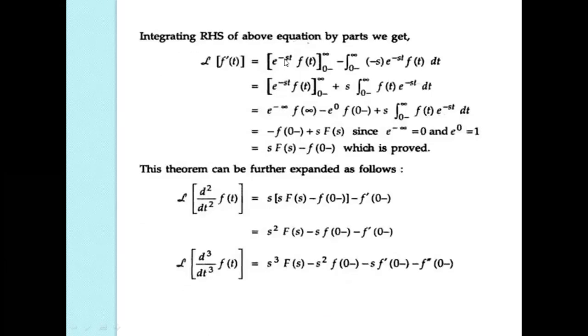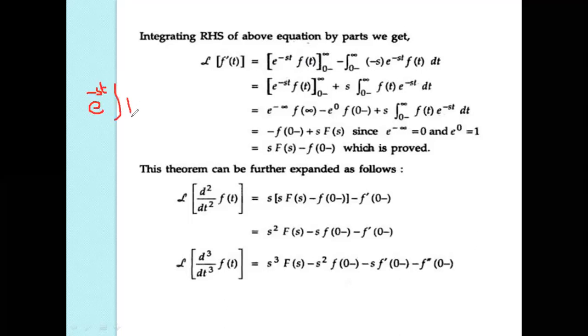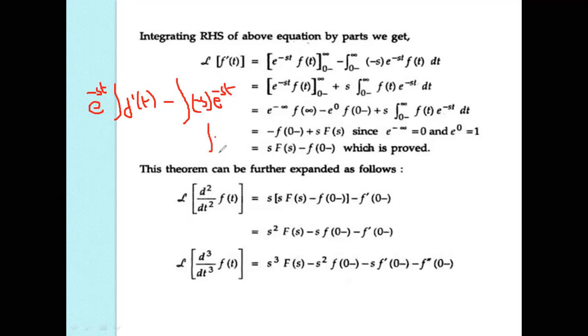Taking the first function e power minus st, for the second function the integral of f dash of t, minus the integral of the derivative of the first function. What is the derivative here? Minus s into e power minus st, and again the integral of f dash of t dt.